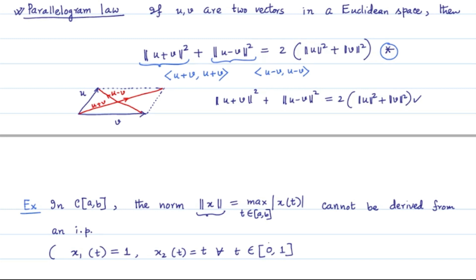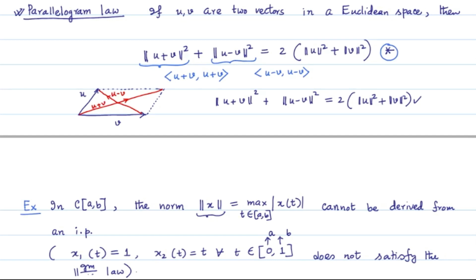Say here I am taking a as 0 and b as 1. Then you find norm x1, norm x2, and norm of x1 plus x2 with norm of x1 minus x2. Then you show that these two vectors x1 and x2 do not satisfy the parallelogram law.